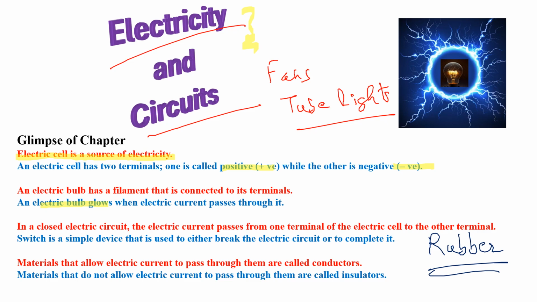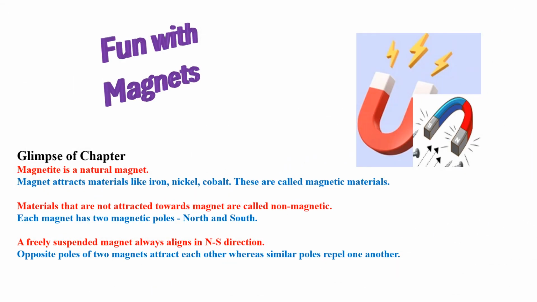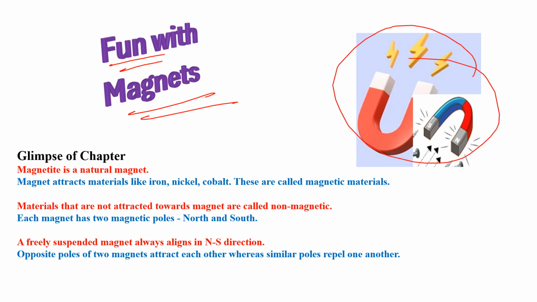Then comes the next chapter in physics, that is fun with magnets. So these are the magnets. I'm sure you must have noticed them in your school labs and sometimes in your home also. What exactly is the glimpse of this chapter?